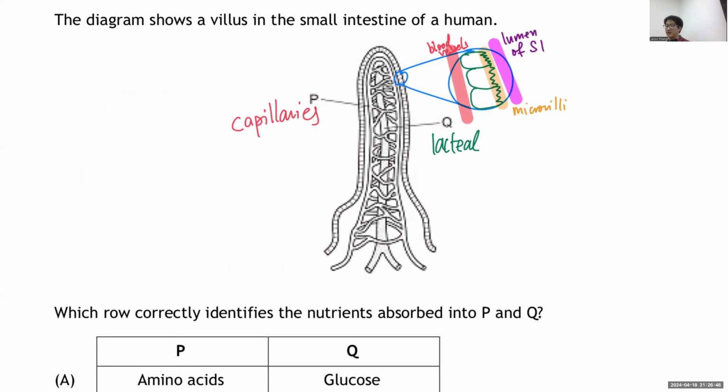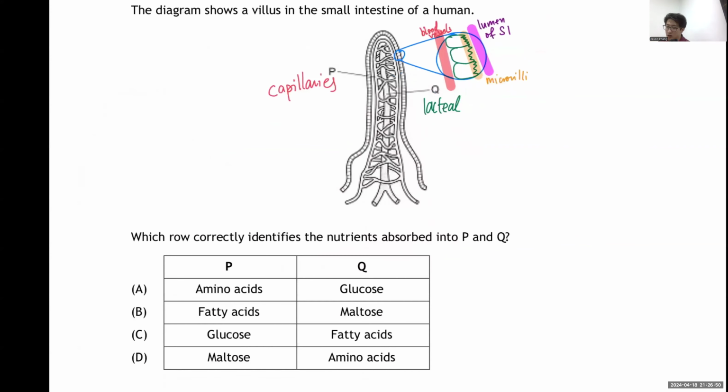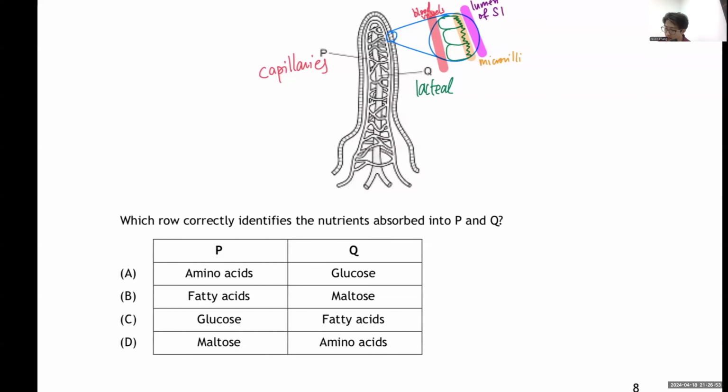Lymphatic system. Thank you. So you only need to straight away remember this: fatty acids and glycerol are going to be absorbed into the lacteals to be transported through the lymphatic system.